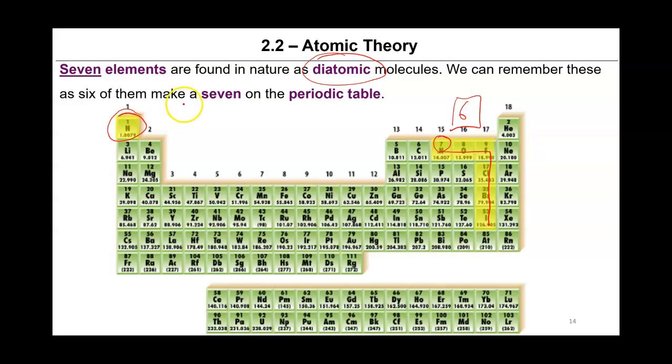Sometimes people will remember the rhyme, "Have no fear of ice cold beer," to help them remember the 7 diatomic elements. So saying that once more, have no fear of ice cold beer. And that gives you the 7. So those are a couple of ways of remembering what elements are always found as diatomic molecules.